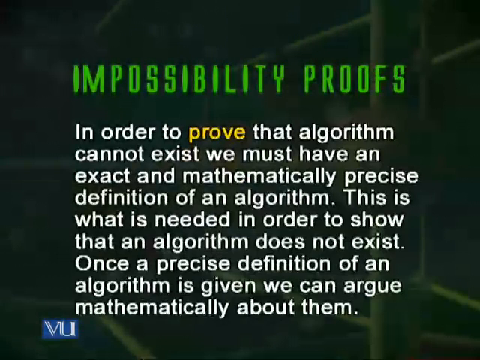In order to prove that an algorithm cannot exist, we must have an exact and mathematically precise definition of an algorithm. That is what is needed in order to show mathematically that an algorithm does not exist. Once the precise definition of an algorithm is given, we can start arguing mathematically about it. See, in order to prove square root of 2 is irrational, I must first define what rational numbers are precisely.